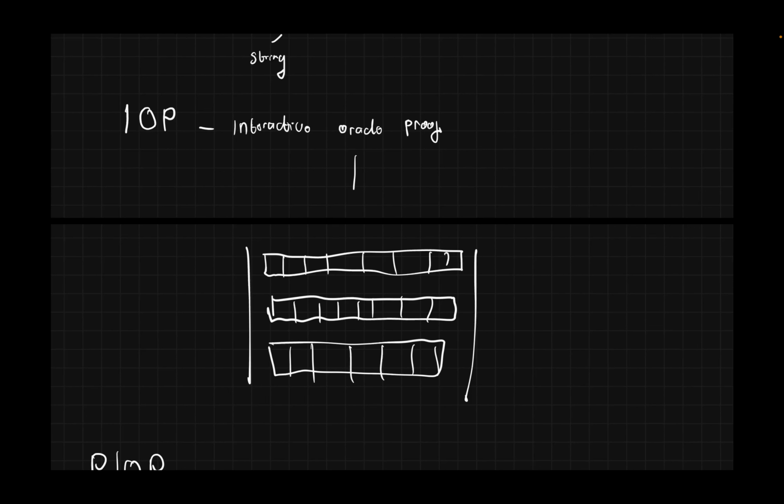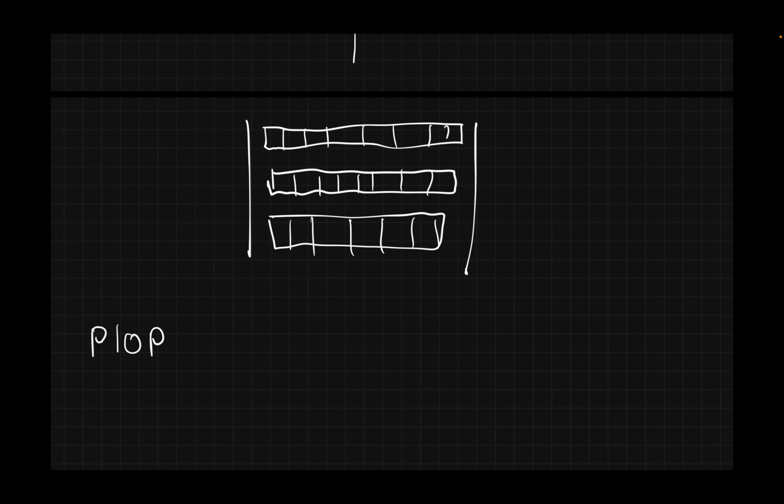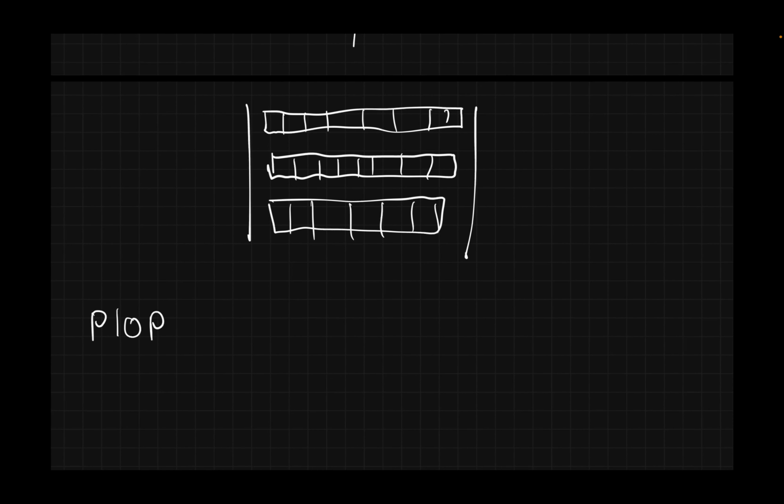Does that make sense? So then now comes PIOP. PIOP is exactly the same thing as an IOP, but instead of sending oracles, instead of sending strings, you are sending polynomial oracles. Okay?